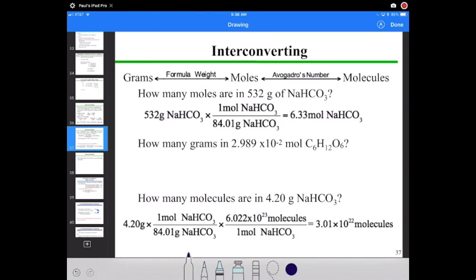So examples of very simple, non-CHEM-111 type of problems. How many moles are in a certain amount of this compound? What's that compound's name? Sodium. The old name is sodium bicarbonate. The new name is sodium hydrogen carbonate.